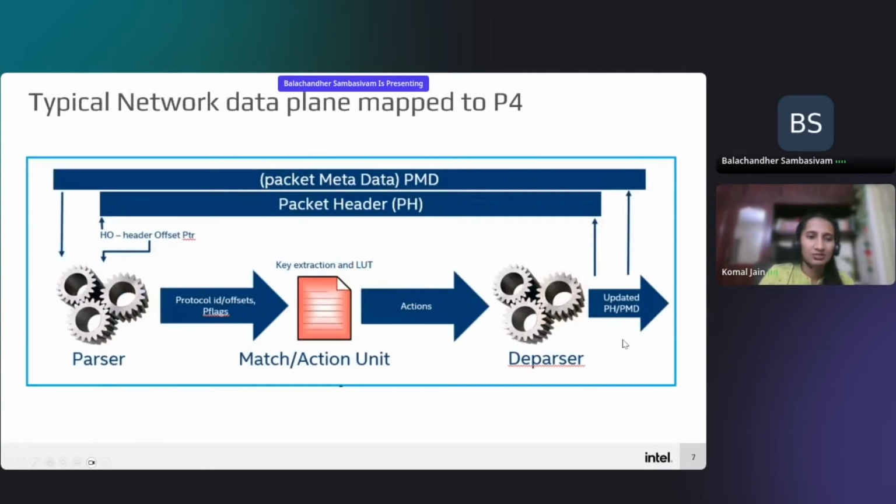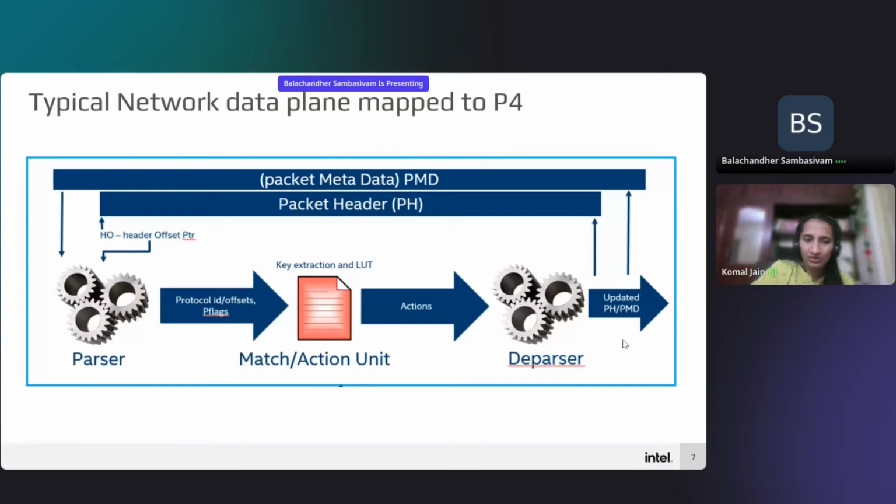So this is a mapping of the data plane to P4. We get the packet metadata and the packet header as the input to the packet processing pipeline. The first block is the parser. The parser parses the parse graph which the user has defined in the P4 program, and then it passes this packet to the next control blocks.